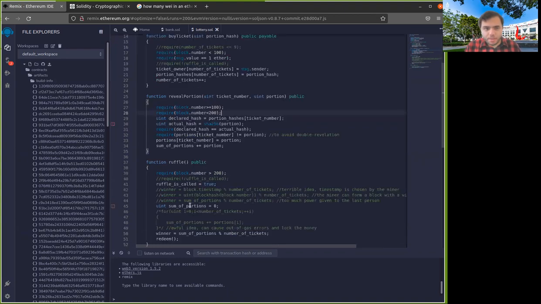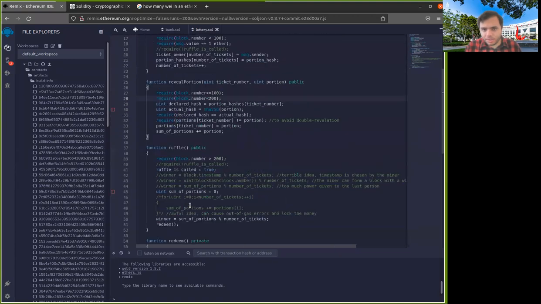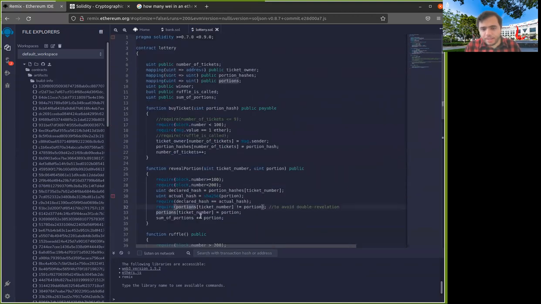Okay. But actually, your question touched on a very important idea here. And the important idea is, what happens if I don't reveal? So let's say that I'm one of the participants. For example, I'm participant number 1. I have ticket number 1.